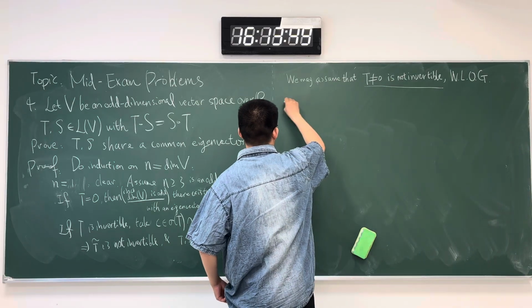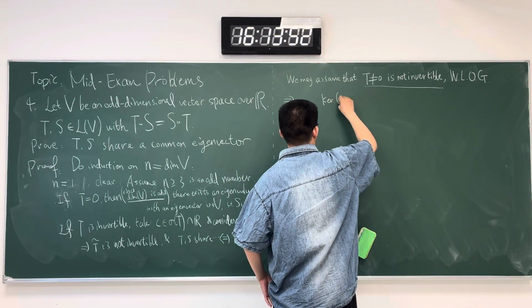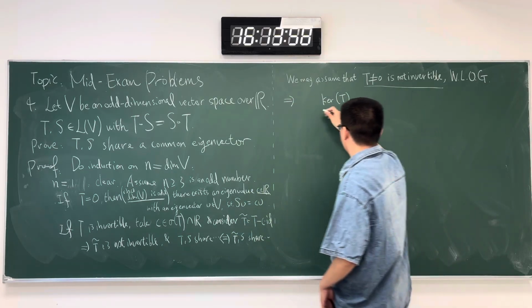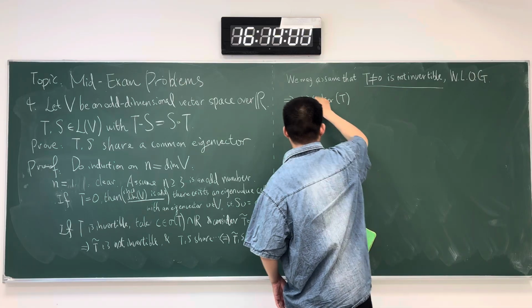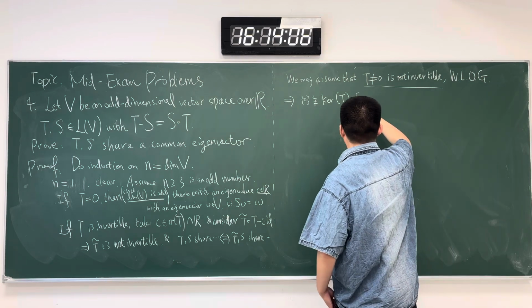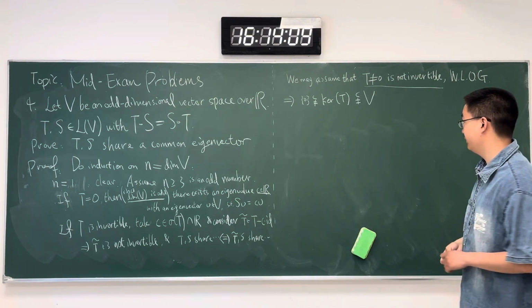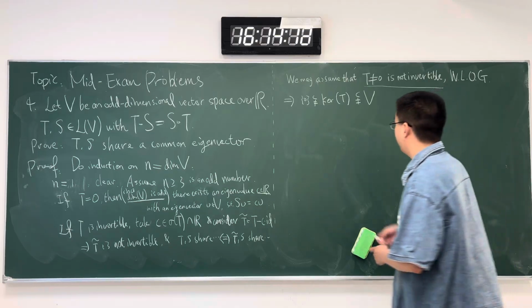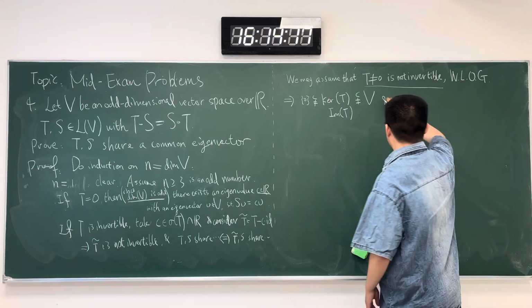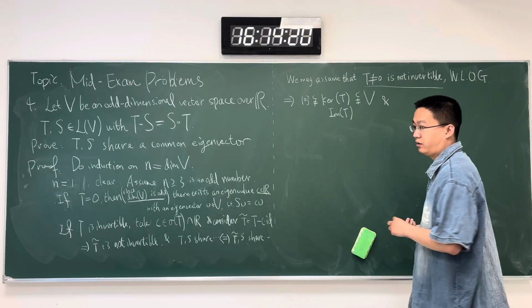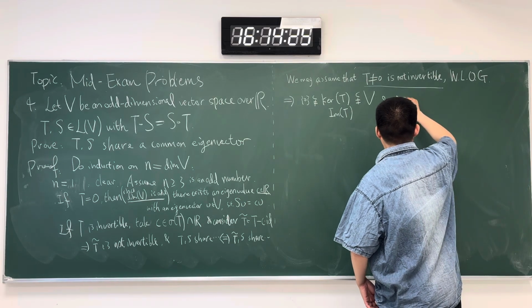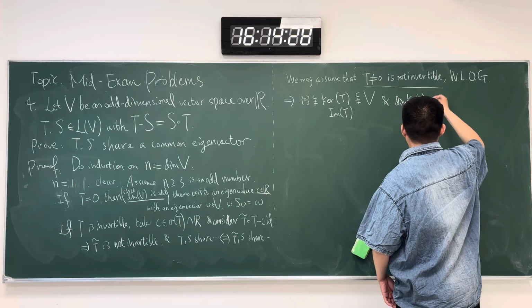Then it follows that if we consider the kernel of T, since T is not invertible, the kernel of T will be a non-zero subspace. And since T is not zero, the kernel of T will be a proper subspace of V. The same reason applies to the image of T. These two non-trivial subspaces have the sum of dimensions equal to n, by the dimension formula.